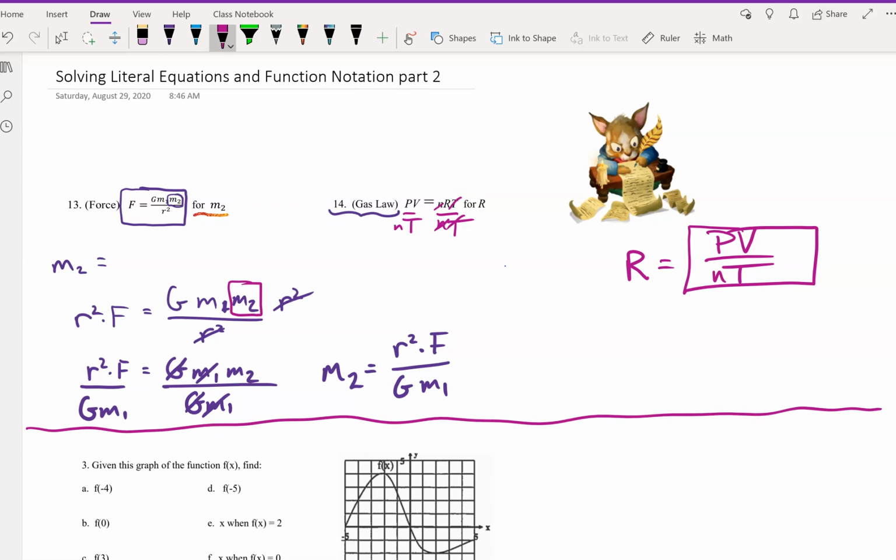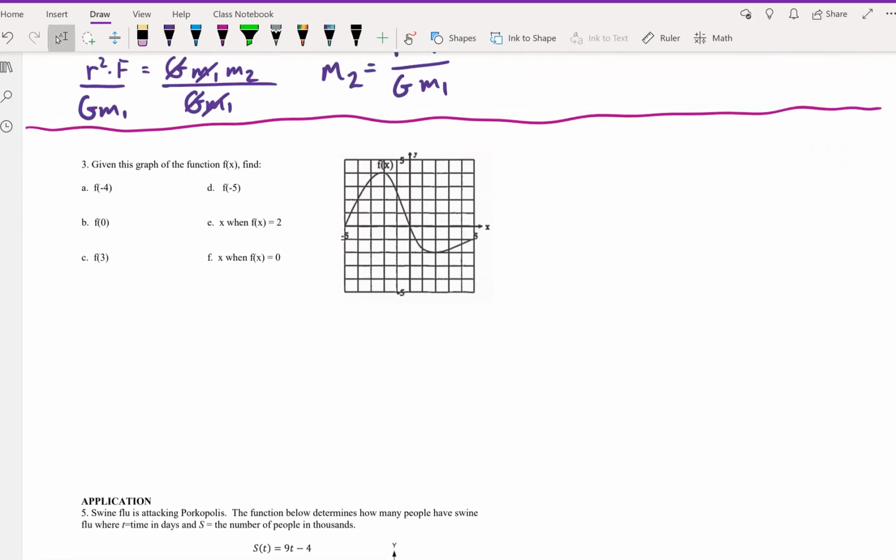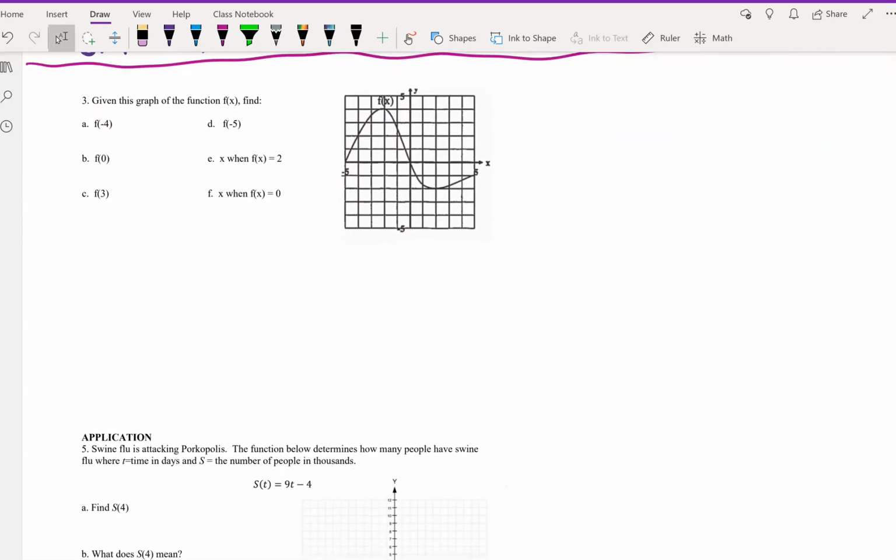Okay, the other thing that I wanted to talk to you guys about today that we kind of brushed over a little bit was this idea of how to use your function notation with a graph. And so I wanted to just remind you of how you could go about doing these types of problems, and remind you that these types of problems have an inside where you're looking at an actual x value whose output is a y value.